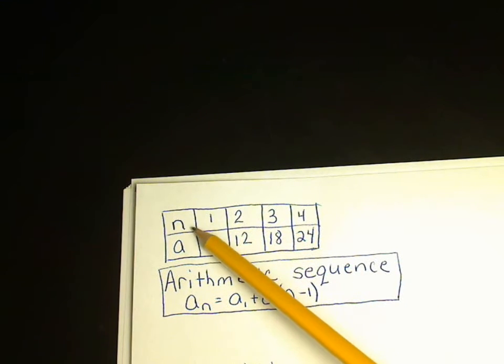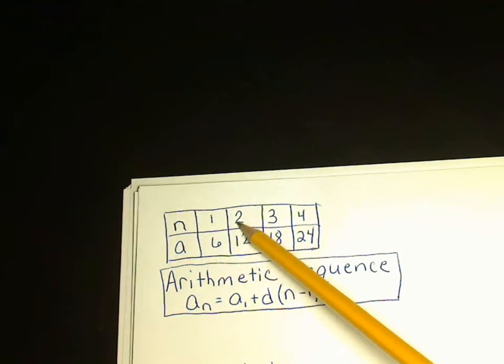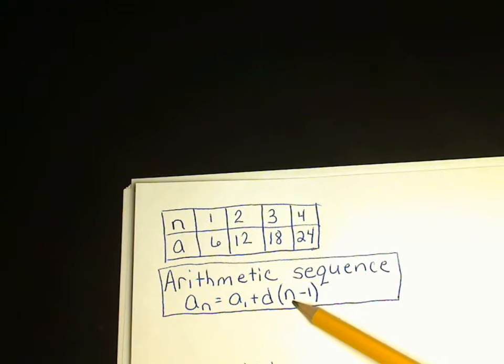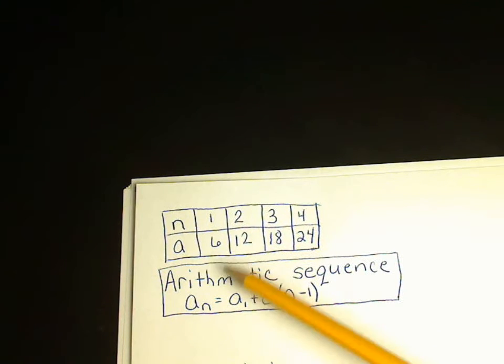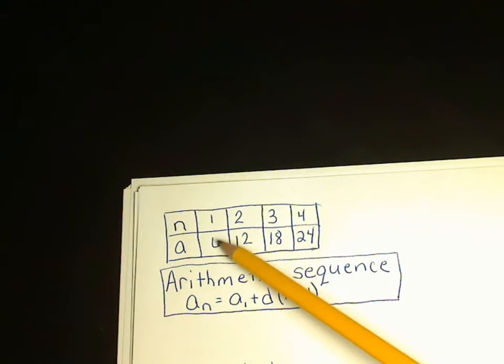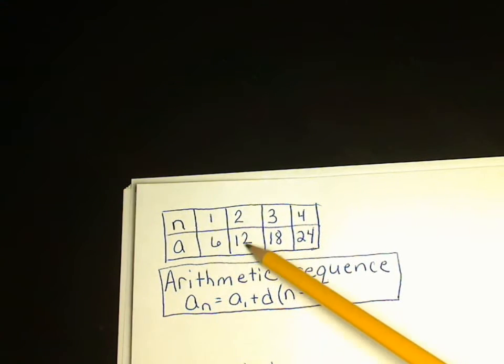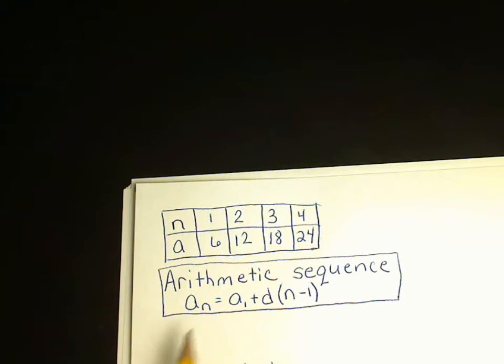That means like the nth term. First, second, third, fourth. So the nth, it's like the nth term. That's what the n is. So that's why it would be like there. And then a would be your terms in the sequence: 6, 12, 18, 24. Okay, so we're going to do the arithmetic sequence.